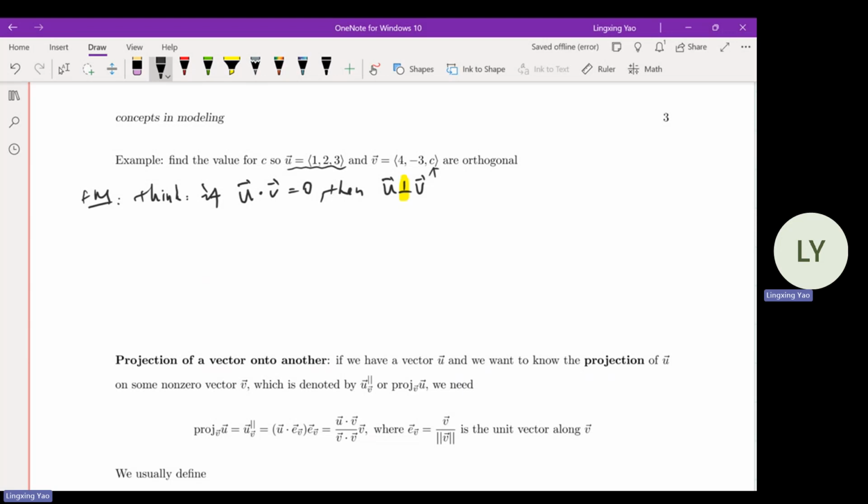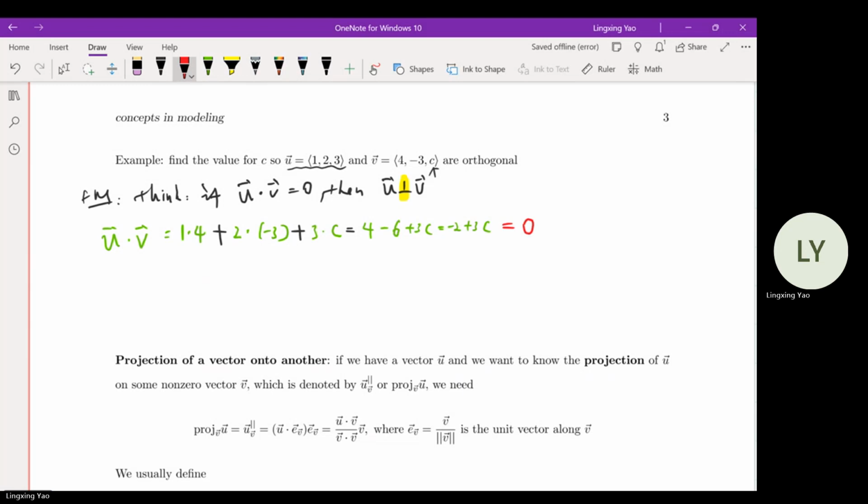Okay, do we know the dot product of u and v? Yes, we can compute it. u dot v is 1 times 4 plus 2 times -3 plus 3 times c, which is 4 minus 6 plus 3c, which is -2 plus 3c, and it has to be equal to 0.